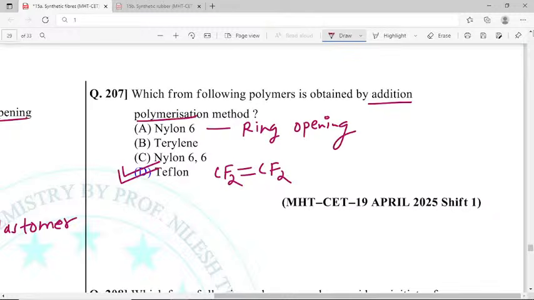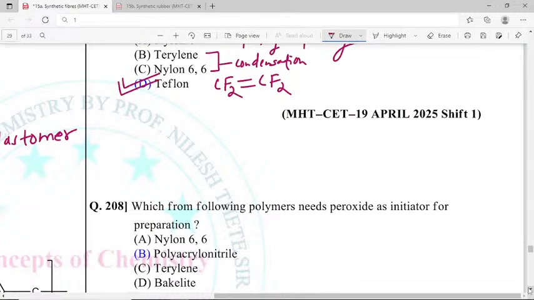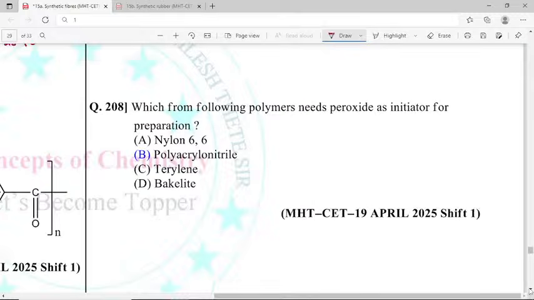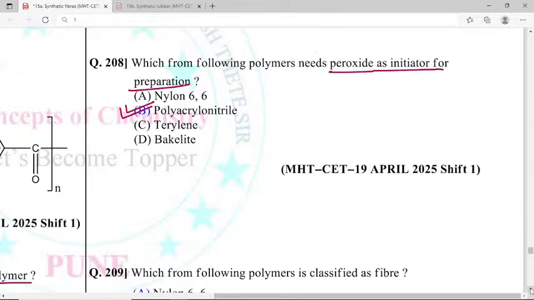Next, terylene and nylon 6,6 are condensation, both. This is an example of peroxide as a radical initiator, polyacrylonitrile. Peroxide as a radical initiator.